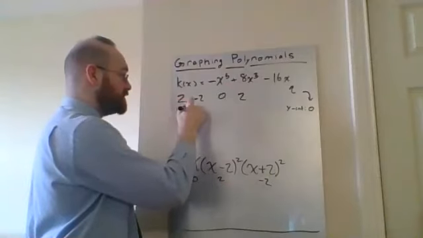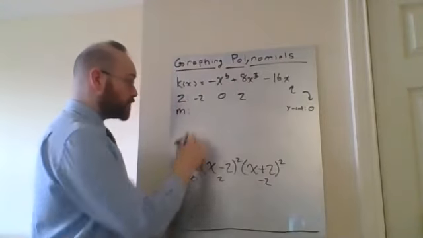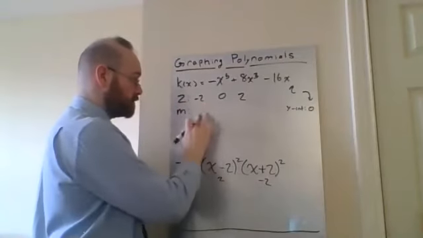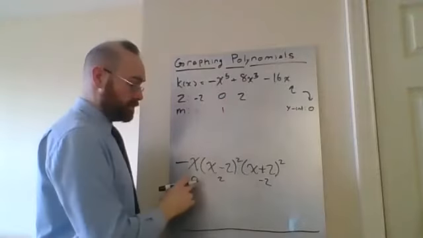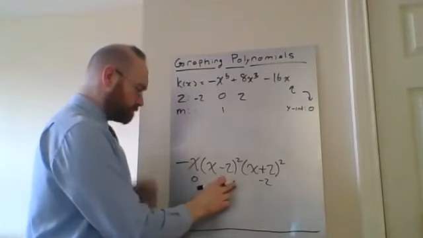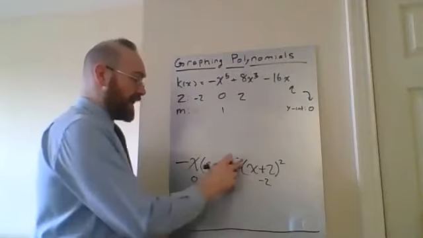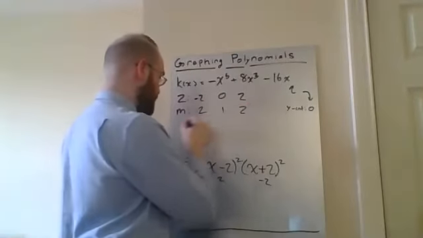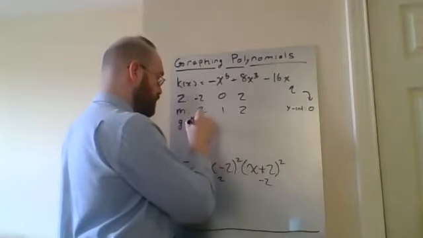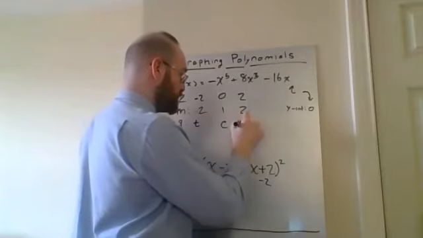And then the multiplicities. Well, it's 1. The 1 goes with the 0. And then negative 2 and positive 2 have 2 as their multiplicity. So the graph is going to touch, cross, touch.